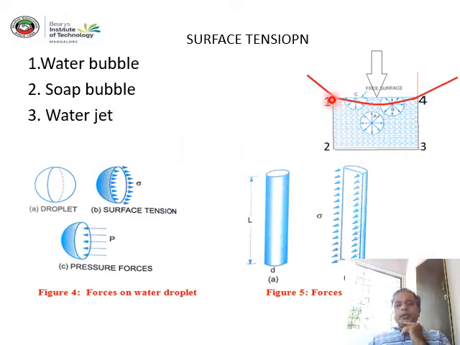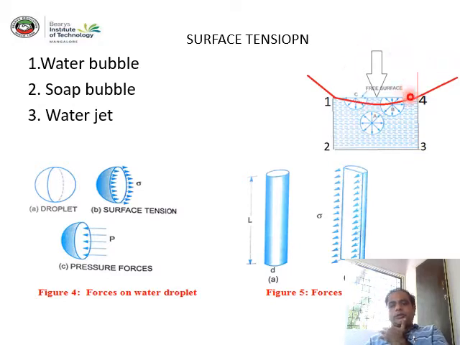Here I have taken a container. In the container there is a liquid. It is an example of a static fluid. Above the free surface we find air.